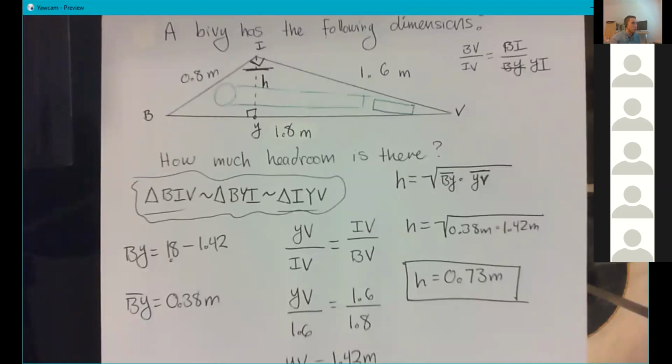On the second page, here are the answers. Question 1, x is equal to the square root of 3. Question 2, x is equal to the square root of 10, y is equal to the square root of 14, z is equal to the square root of 35. Question 3, x is equal to 3, y is equal to 6 root 2, and z is equal to 2 root 2.